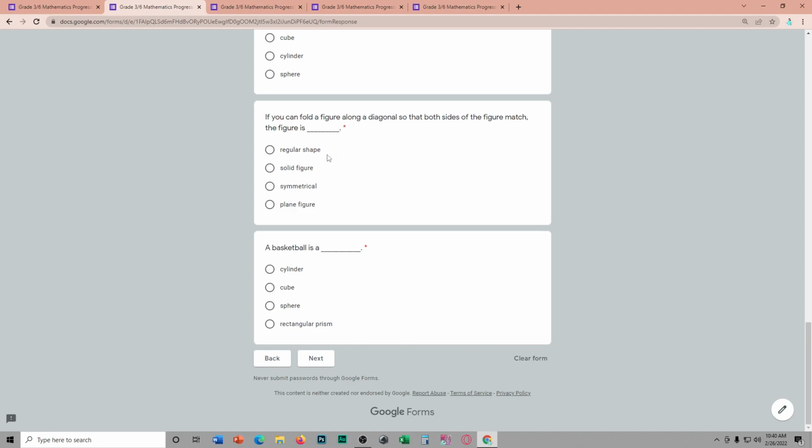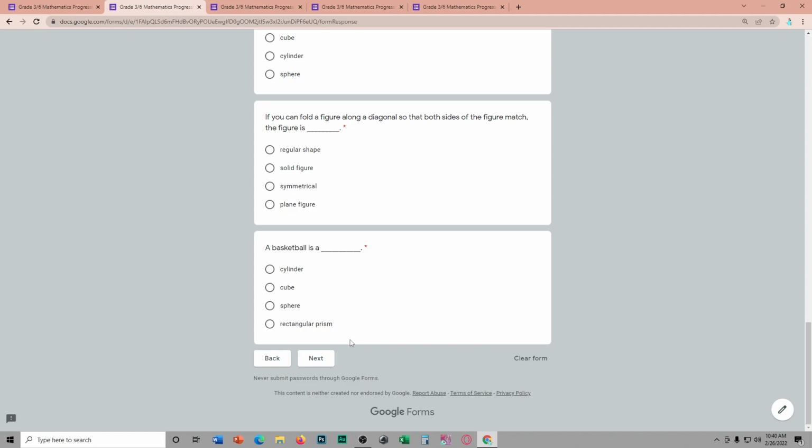Rectangular shape, solid figure, symmetrical, plane figure. A basketball is a blank. Cylinder, cube, sphere, rectangular prism.